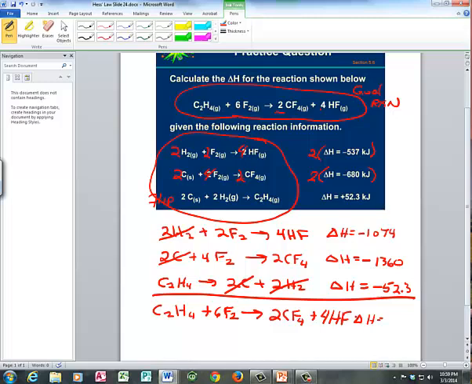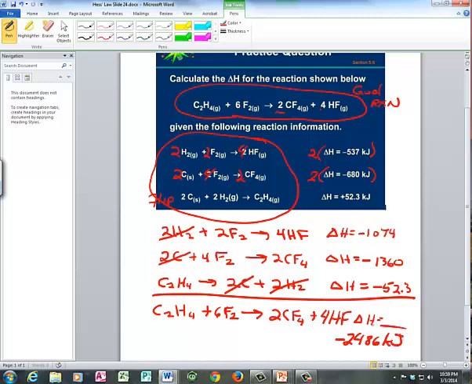That gives me, let's see, minus 1074 plus minus 1360 plus minus 52.3. And that gives me a grand total delta H of minus 2486 kilojoules.